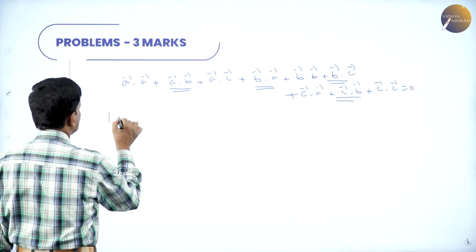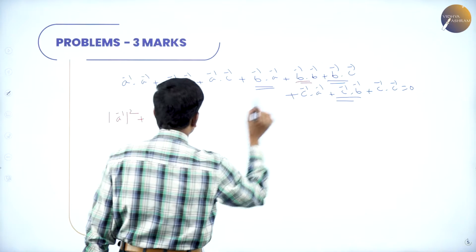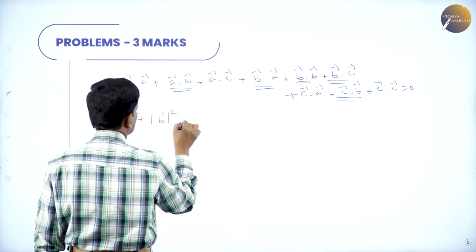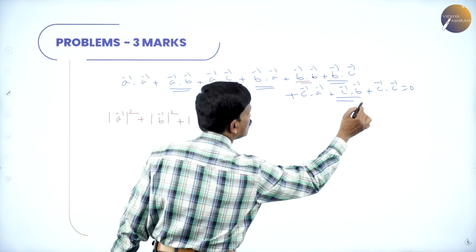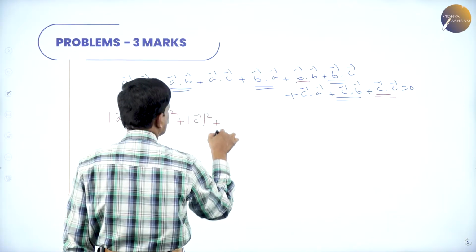A dot A is equal to length of A square. Again B dot B can also be written as length of B square, and C dot C is equal to length of vector C square.